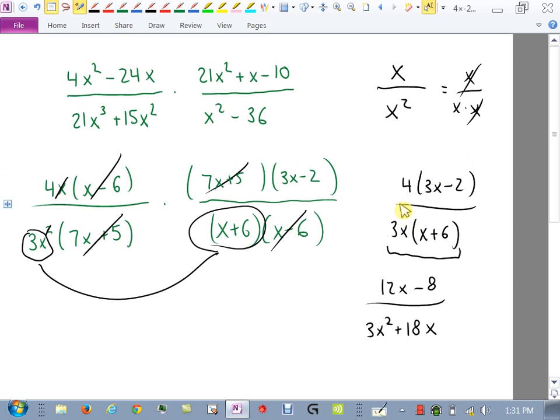All I'm saying is it's not wrong, but if you're going to distribute the 4 through to get a 12x minus 8, you may as well distribute the 3x through also. But it's not incorrect. Is it incorrect if I put parentheses on each? No, it's not, I don't think. I had the same answer as you, but I just put parentheses here. Oh, yeah, no, that's okay. Okay, turn it in. Y'all can go.